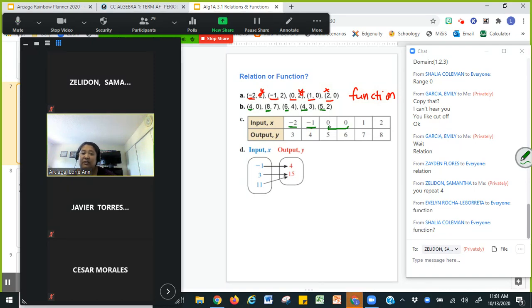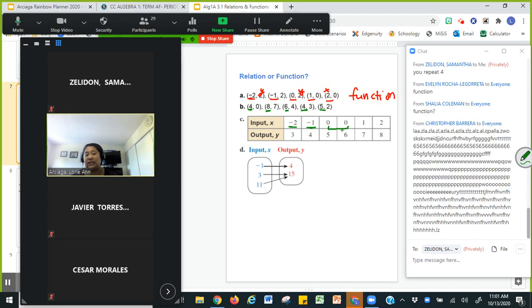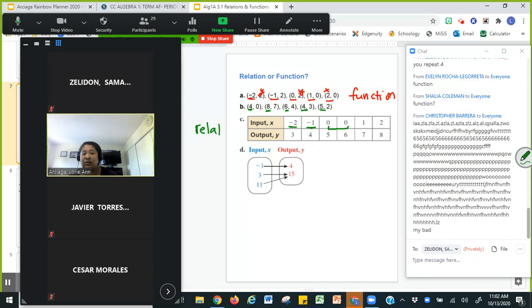So if 0 repeats as an x number, then this must be a relation only.